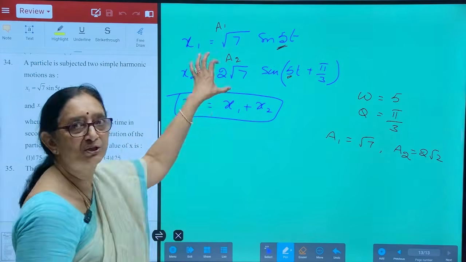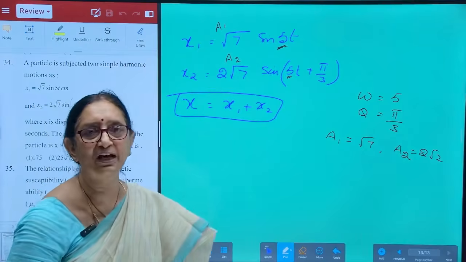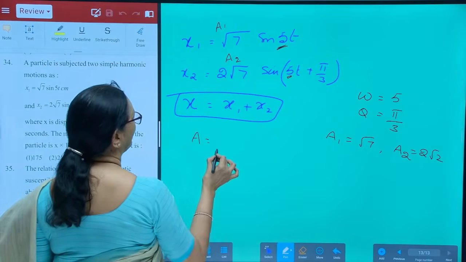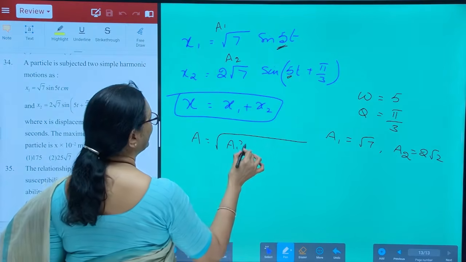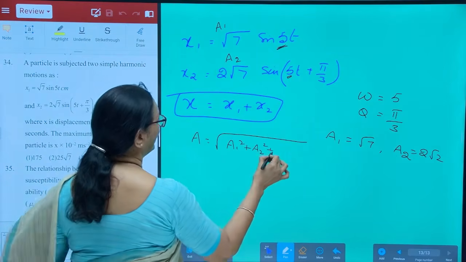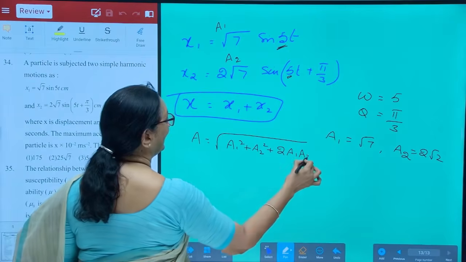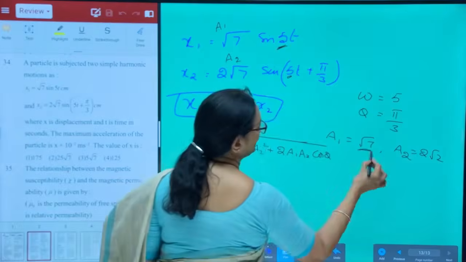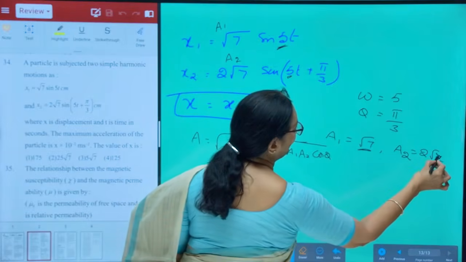So, when those two waves are superposed, then the amplitude of the resultant wave formula is root of a1 square plus a2 square plus 2 a1 a2 cos phi. So, here root 7, 2 root 7 this is.